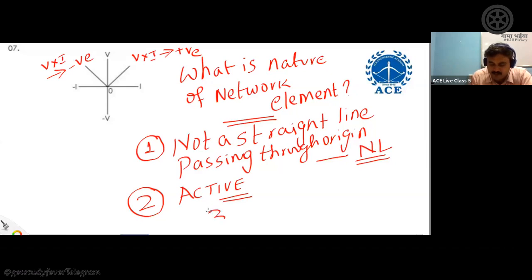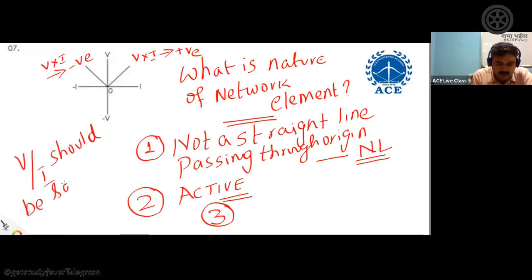Now third one, is it unilateral or bilateral? So what is the condition for unilateral and bilateral? The network element should behave in same manner for both the directions of flow of current. That means what is the meaning? The ratio of voltage to current should be same in any coordinate you take, or image of coordinates should be there.